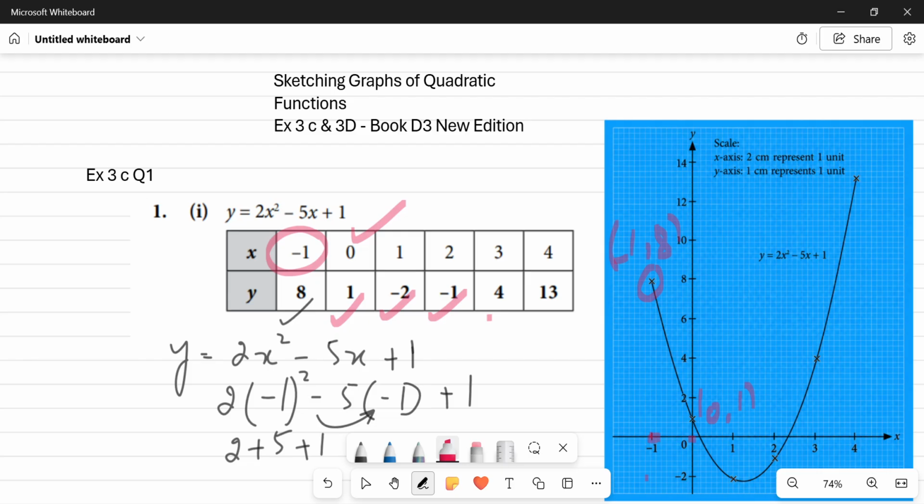Sometimes the y value is given to you, and then you need to find out the x value, right? It's very easy. We will solve that type of question as well.